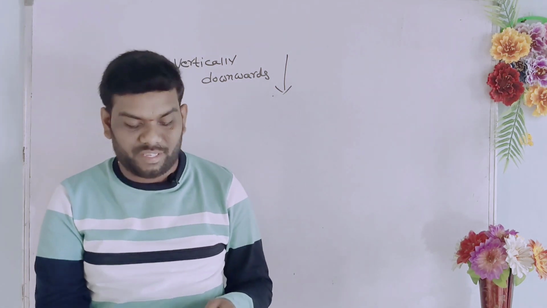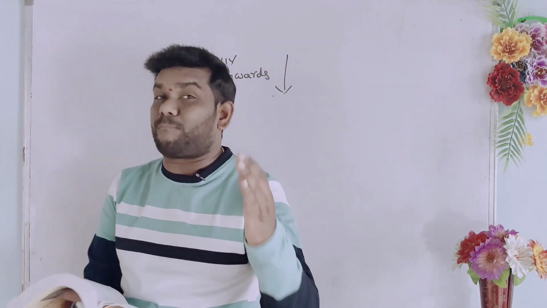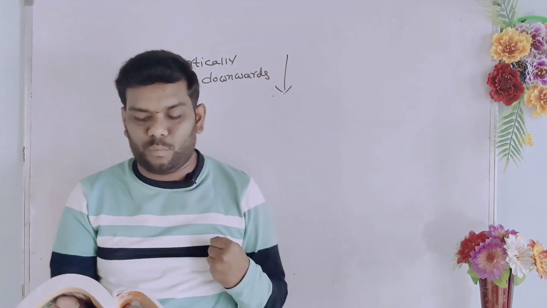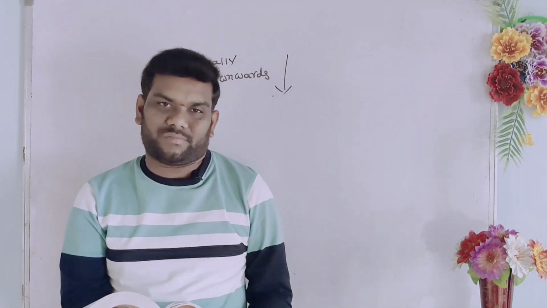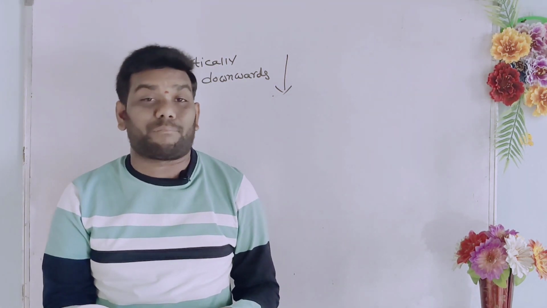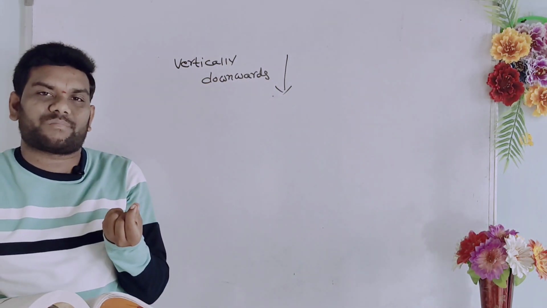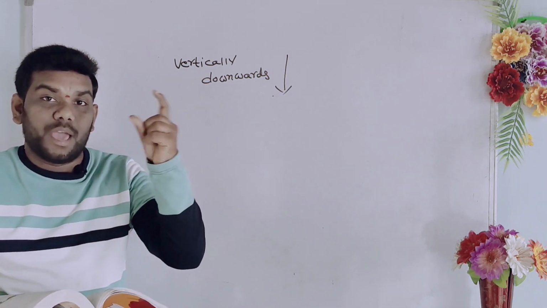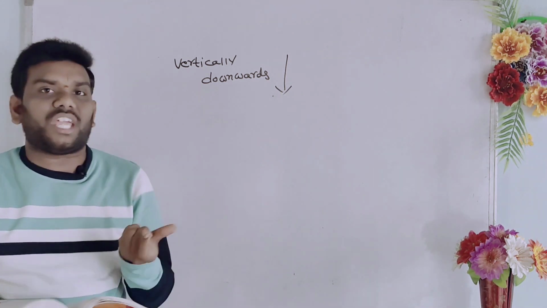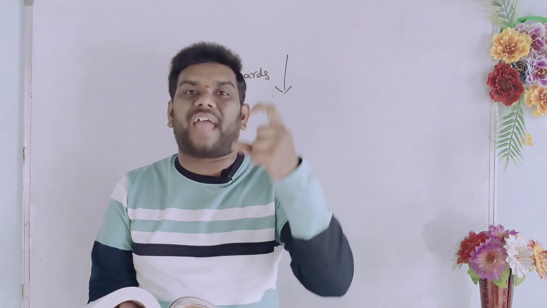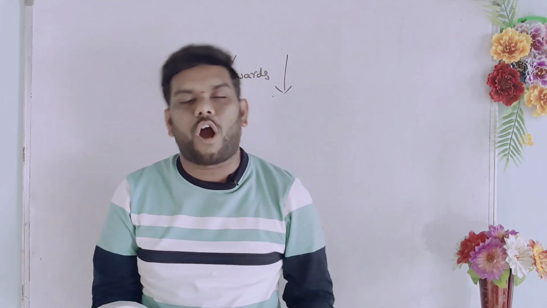Why did it fall inside? Yes. A force is applied on the paper hook. Only it moves, and the pen cap remains in a state of rest. We are pushing only the paper hook, not the pen cap. When you push the paper hook, the pen cap remains in its state of rest.